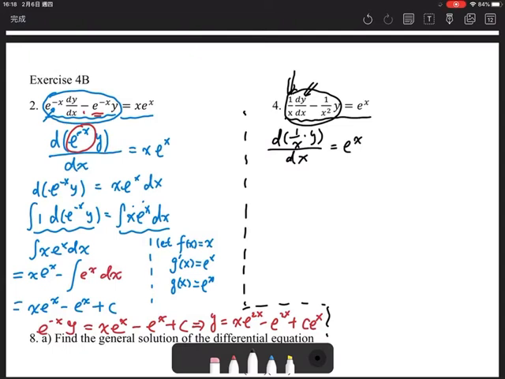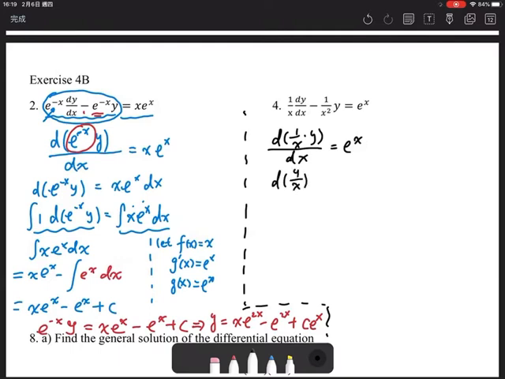So I think you should double check your answer. So dy and keep 1 over x, and then plus keep y and d of 1 over x. d of 1 over x will be negative 1 over x squared. So this is the left-hand side. And now let's multiply dx on both sides.